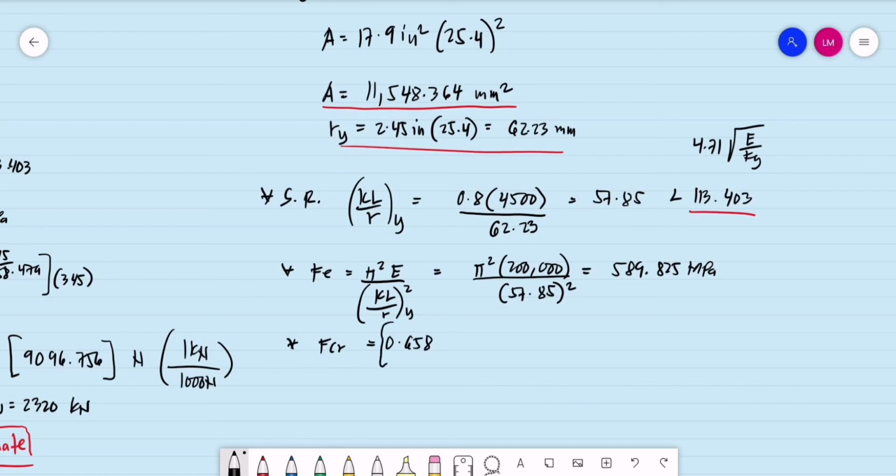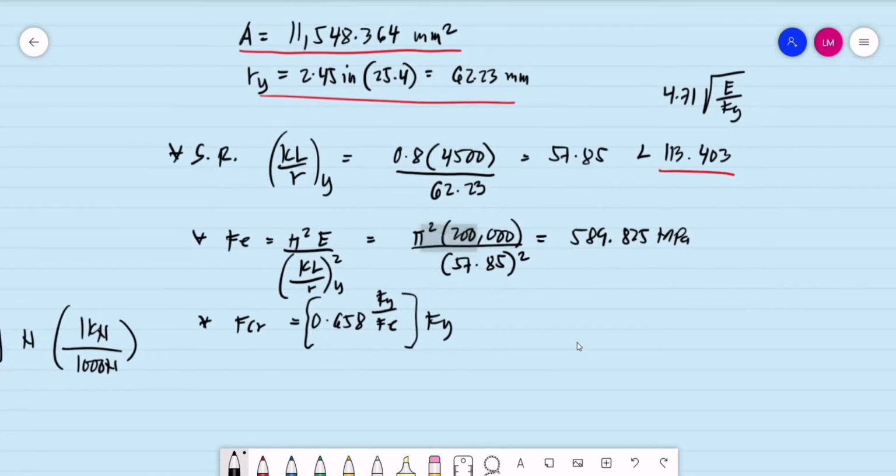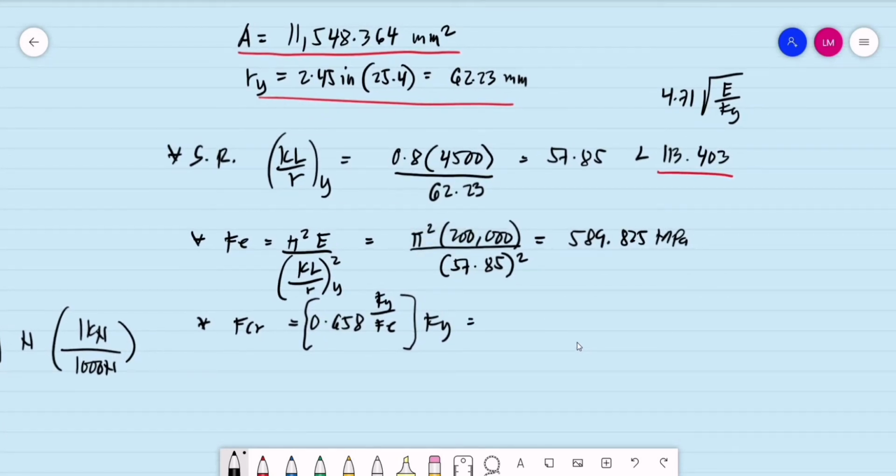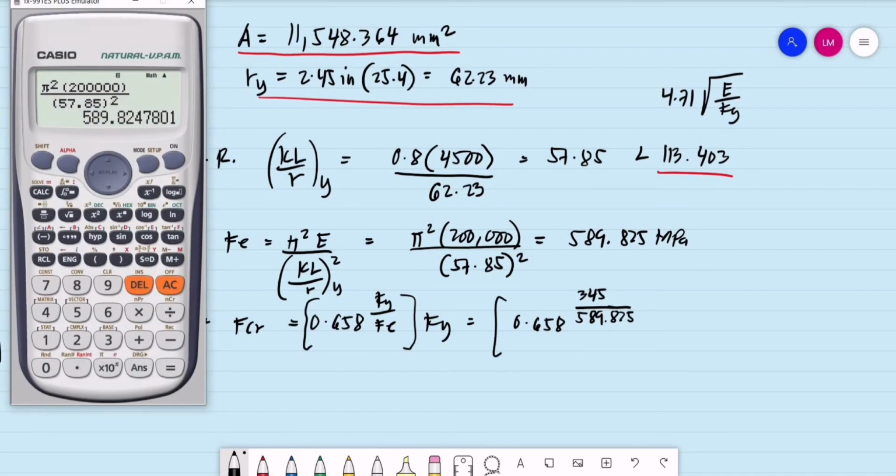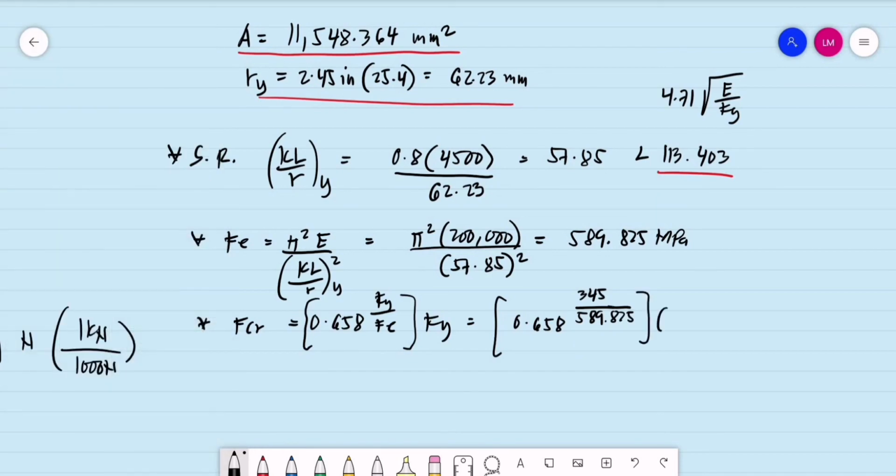So for the value of the F sub CR, this is equal to 0.658 raised to the value of F sub y divided by F sub E, then multiplied by the F sub y. Okay, so we are now to substitute. We have 0.658 raised to Fy, 345, divided by F sub E, the new one, 589.825, then multiplied by 345 megapascals.